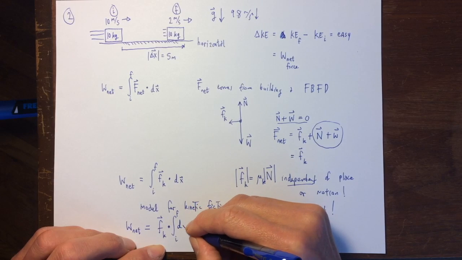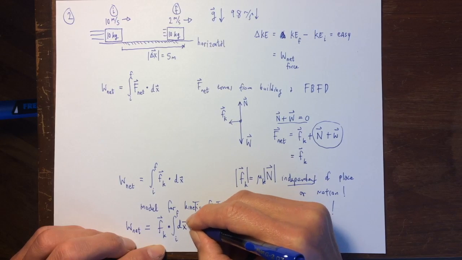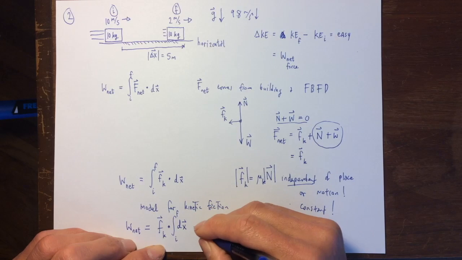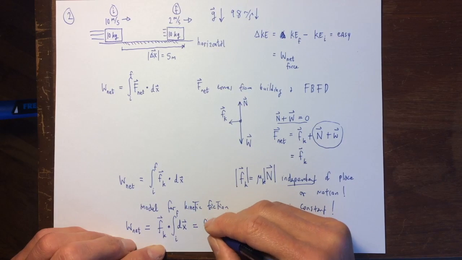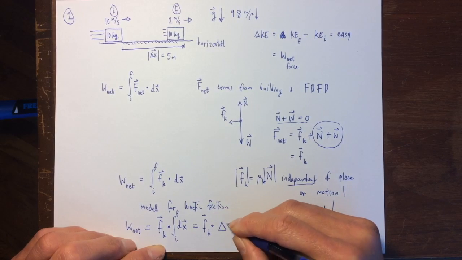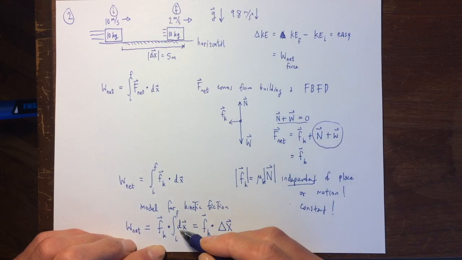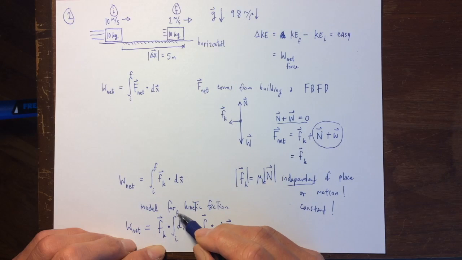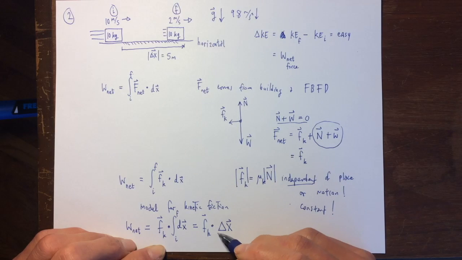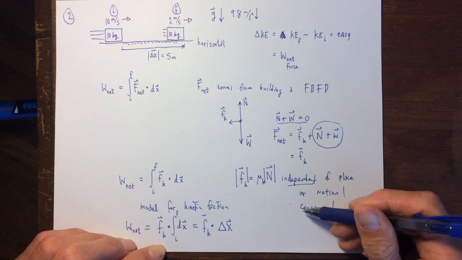But I'm going to integrate up all the small displacements that will take me from the starting point to the finishing point. And this is the kinetic friction force dotted with the entire displacement, because this integral from start to finish of all of the small steps in between just adds up to the one big 5-meter step to the side.